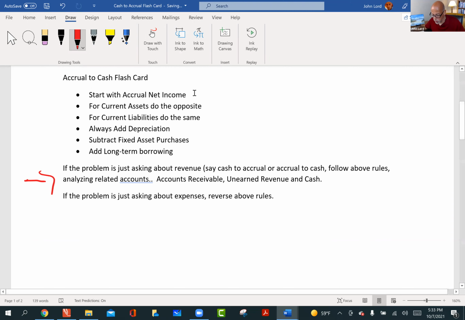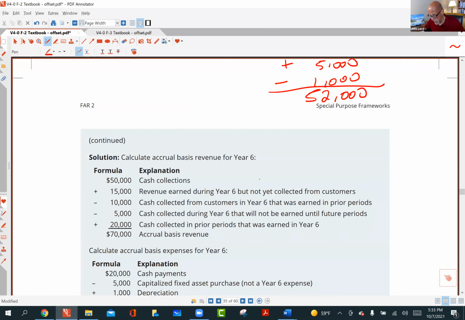So let's go back, because I put that down here, but rather than type it out on this flashcard, I'm going to use the textbook material for this. Let's look at what the book tells us about the part I skipped, which was the expenses and the cost of goods sold.